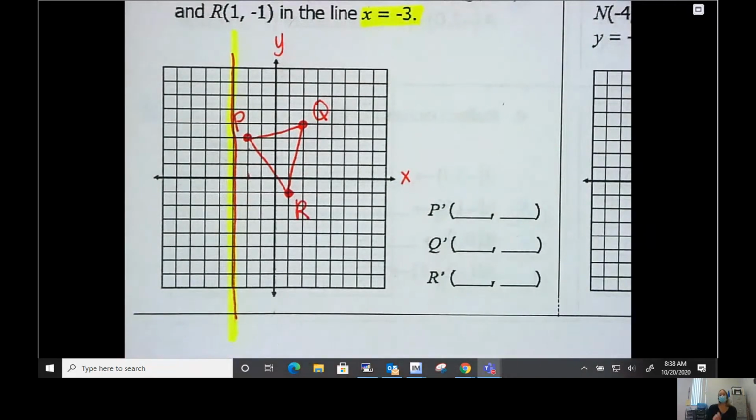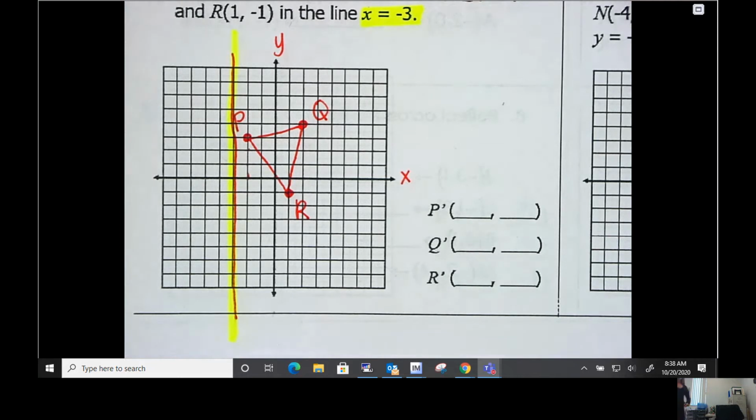So this time, when I reflect, I'm going to reflect it over this yellow line. So if I'm over on the right side, which way is it going to get reflected to? To the other side, which is the left side, right?